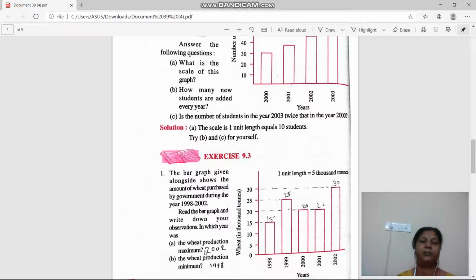So, write here 2002. Okay. Next, the wheat production minimum. So, see which bar is the smallest one here? This one. So, how much production is there? 15,000 tons, and in which year? 1998. Okay.